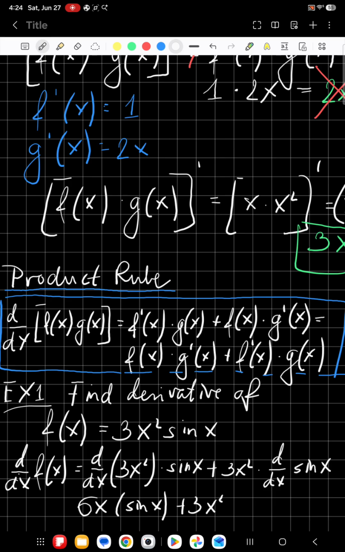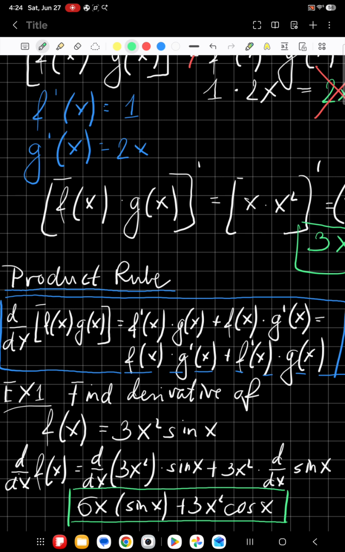Derivative of sine is cosine x. And yeah, let's leave it this way. We could factor maybe 3x, but it's not going to make it particularly simpler, easier, more simplified. So let's call this the final answer.